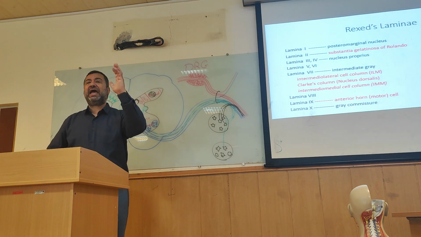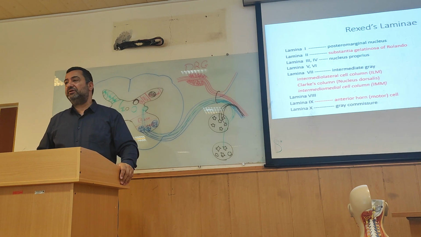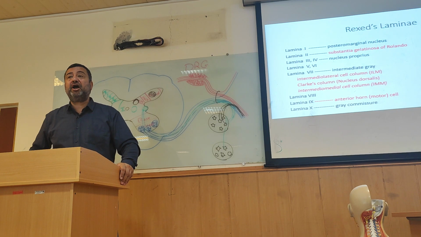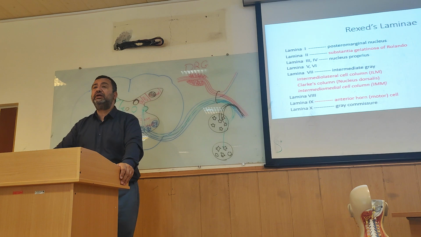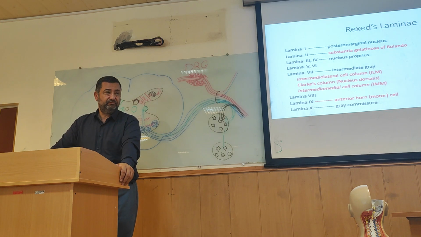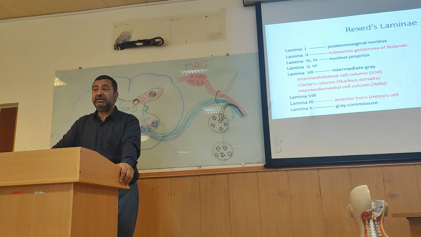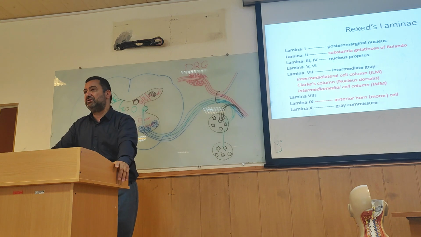In both the sympathetic and parasympathetic systems, preganglionic fibers have the neurotransmitter acetylcholine. They are cholinergic fibers.